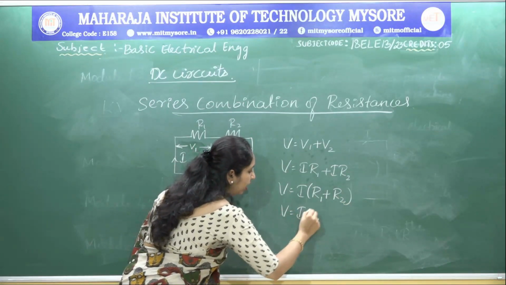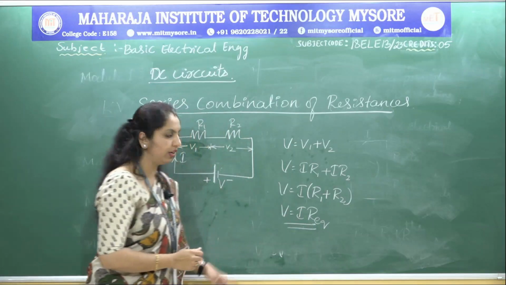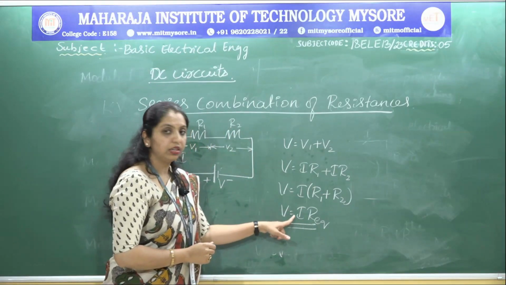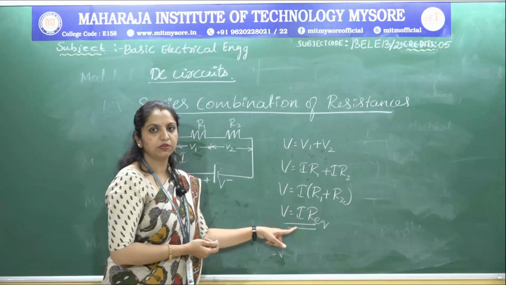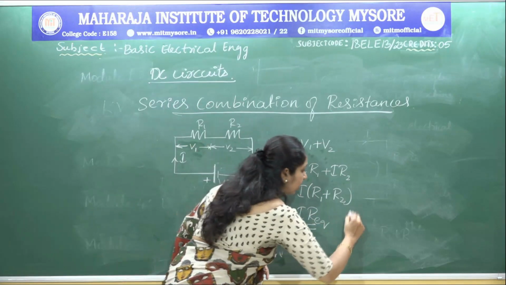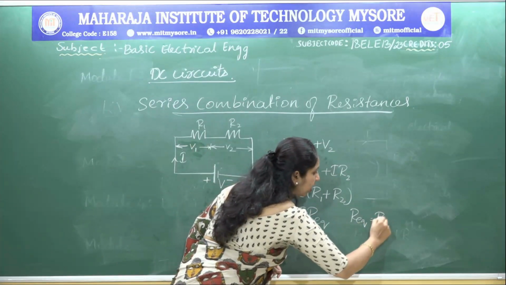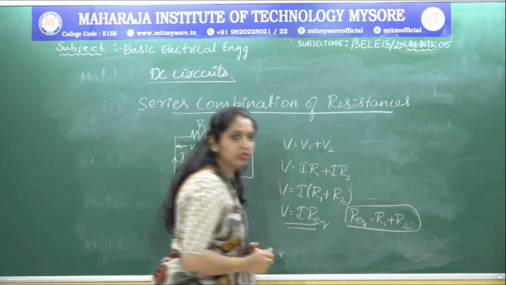So finally we can write I into R equivalent. Here it satisfies Ohm's law as well as Kirchhoff's voltage law. And what is R equivalent? R equivalent is equal to R1 plus R2.